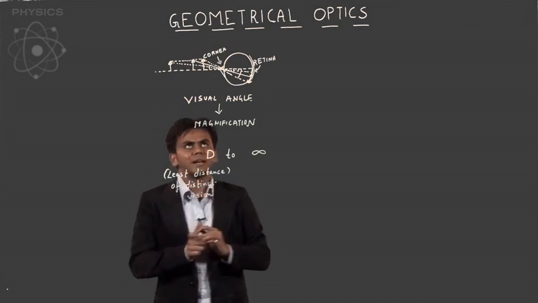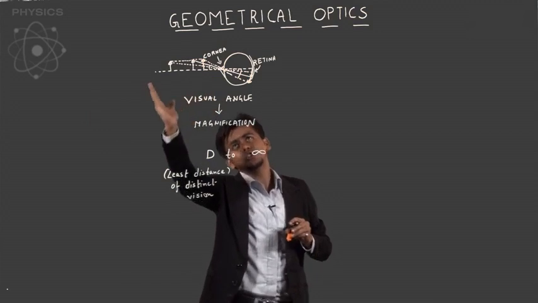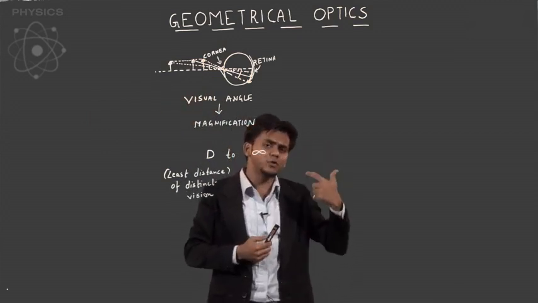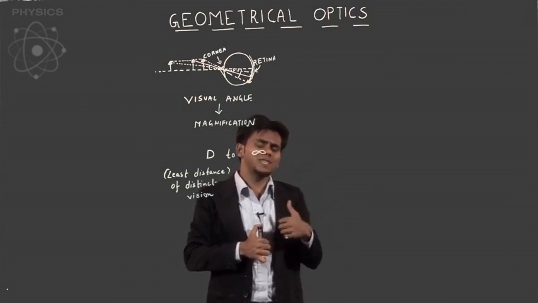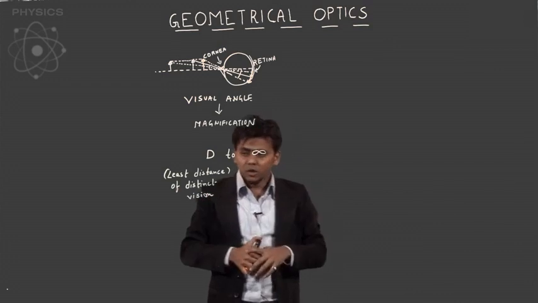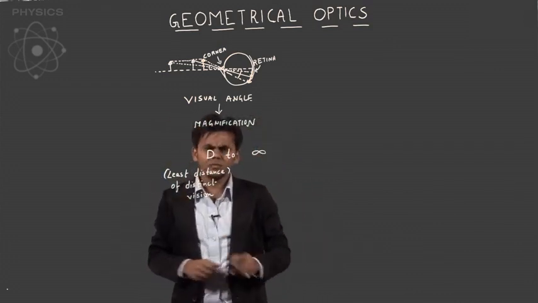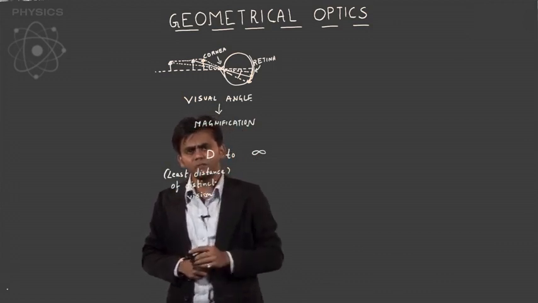And by this logic, this diagram says that the closer the object is to the eye, the higher the size of the image would be on the retina, and my brain would perceive that the object is of a larger dimension. So I have to bring that object closer to my human eye. Now, I cannot bring it closer than D. So that is putting my limit on magnification.